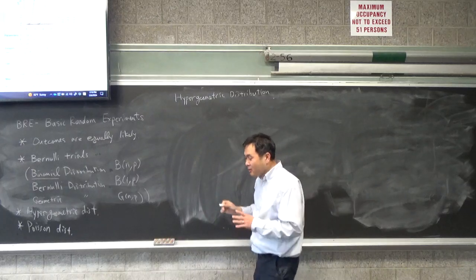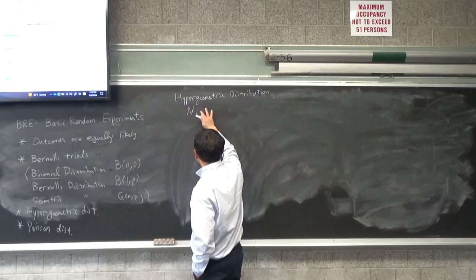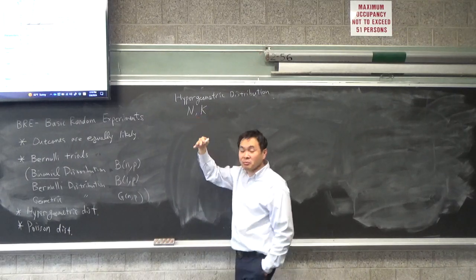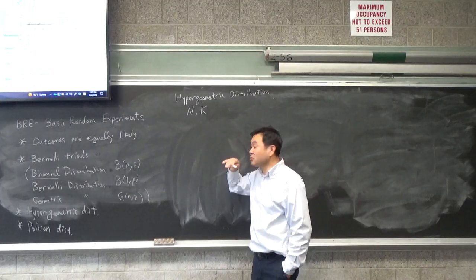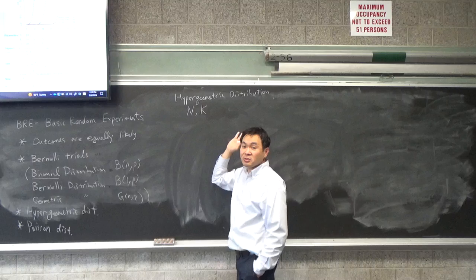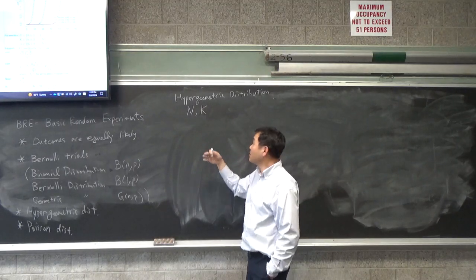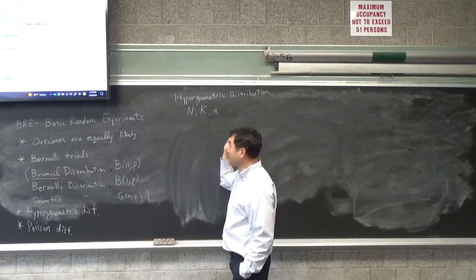The hypergeometric distribution has three parameters: capital N, capital K, and lowercase n. So capital N is the population, the entire number of people in the village. K will be the number of people who remember your brand. And then n is the sample size that you pick.